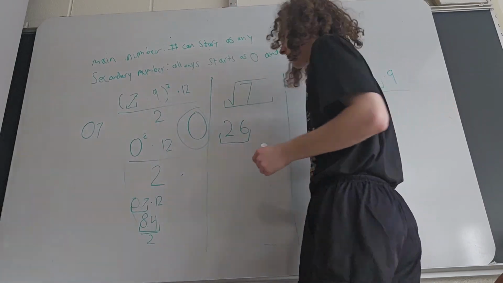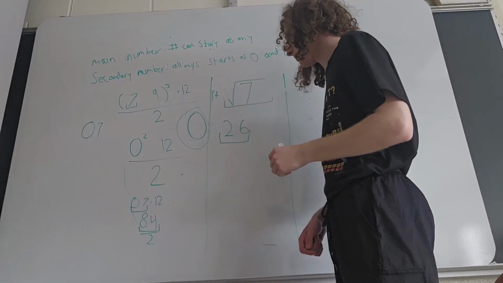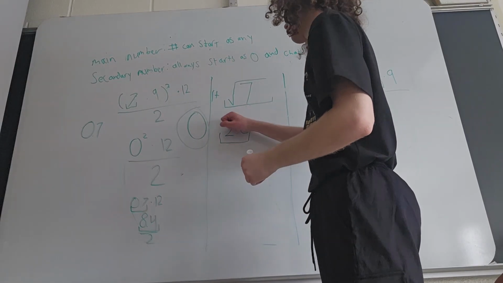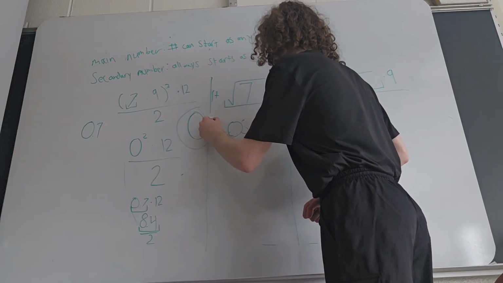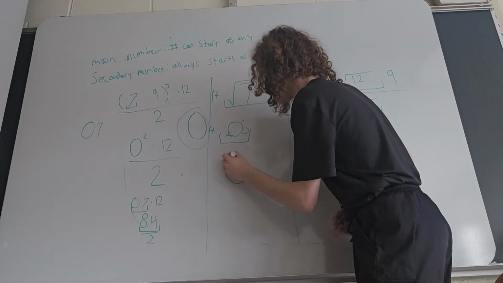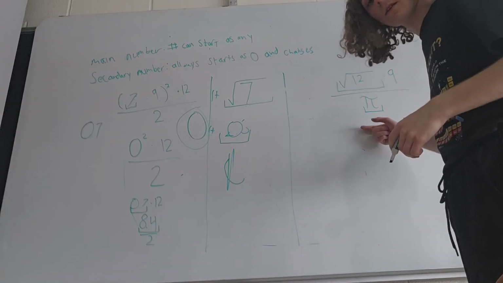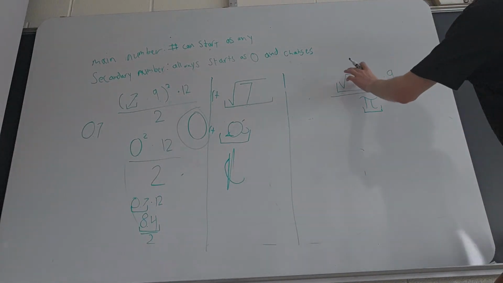That's the answer. But the instant we have 1 plus that, that's when it swaps to 0. This one, and boom, now the answer is 1. See how that works? Now time for the final one.